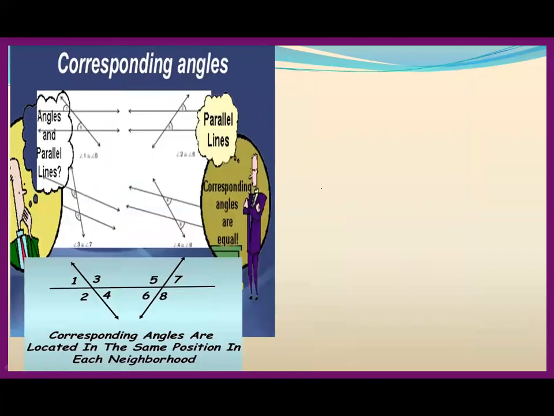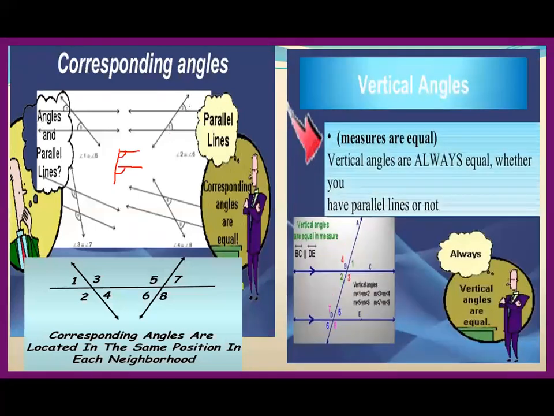Next is corresponding angles. Corresponding angles are F-shaped angles. You can have the letter F. So here also two angles are formed, so they are F-shaped angles. Corresponding angles are located on the same side of the transversal, and they are also from different neighborhoods.